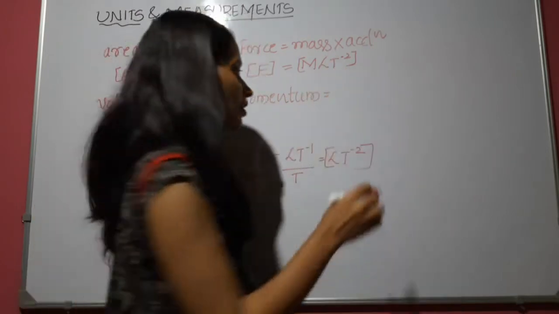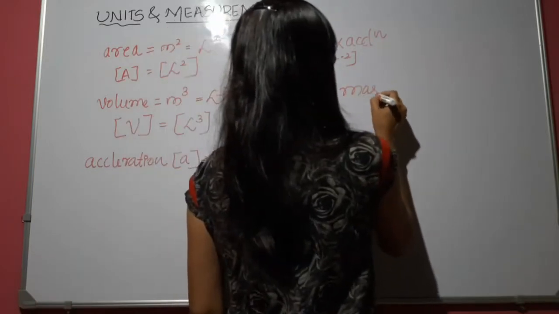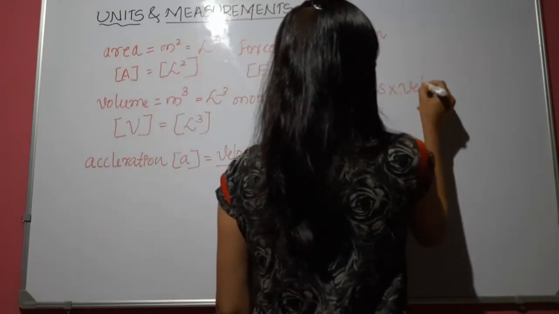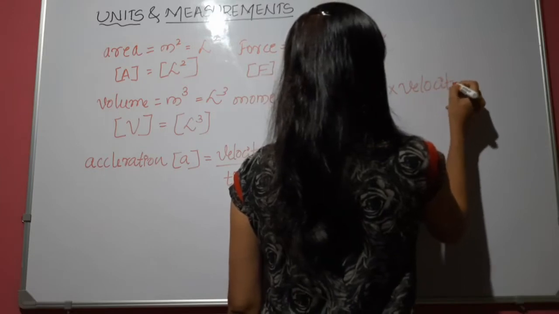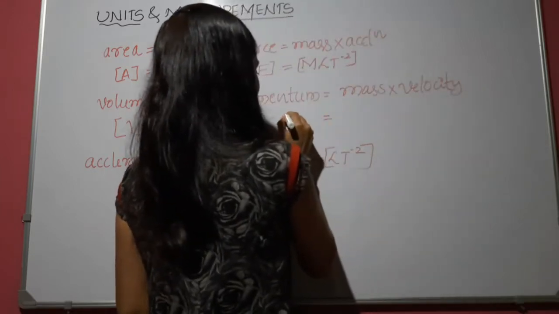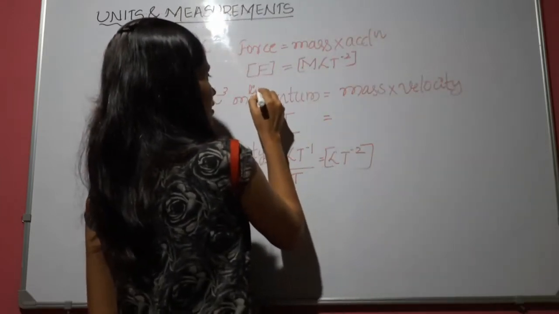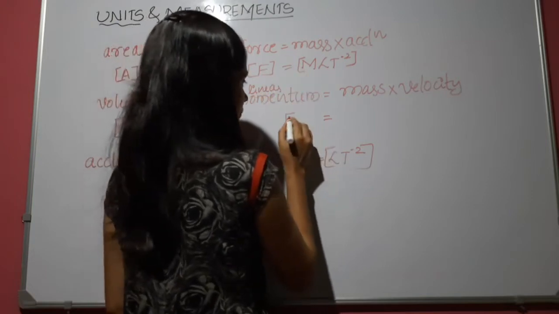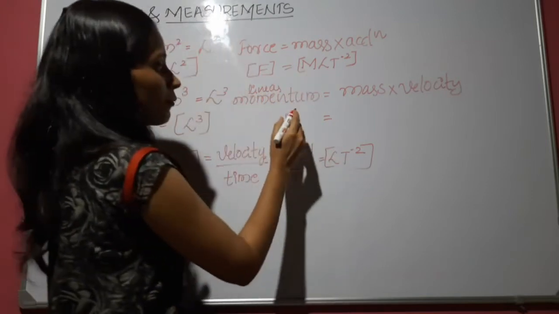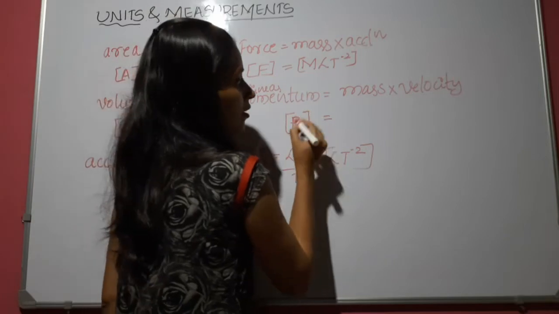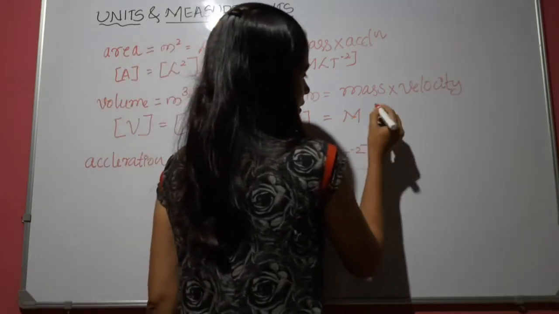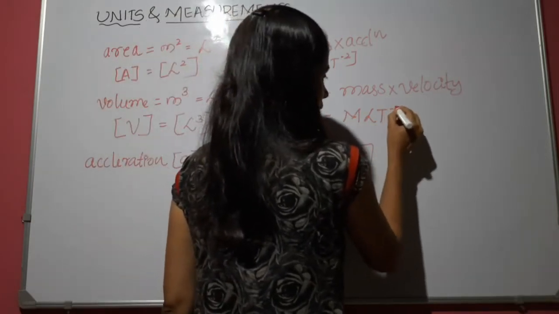Momentum is mass into velocity. This is linear momentum P. Mass, times velocity L T power minus 1.